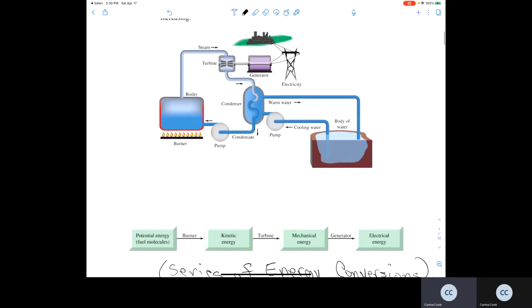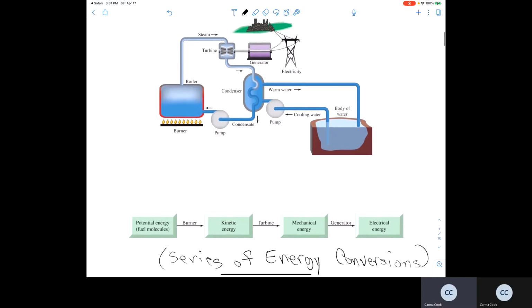And so the types of energy conversions that take place in a typical power plant, well, you first have to burn the fuel in order to release the energy in the bonds of those fuels.